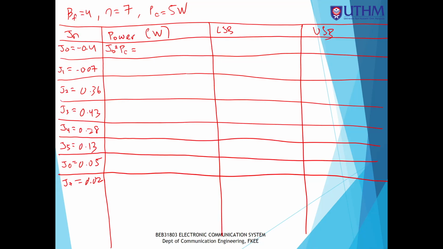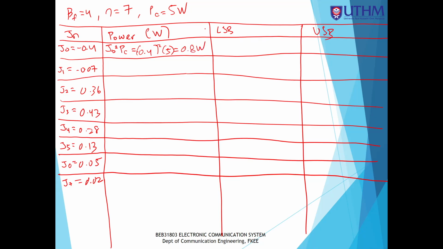Okay, so here is minus 0.4 squared times 5, so we're going to get this equal to 0.8 watt.